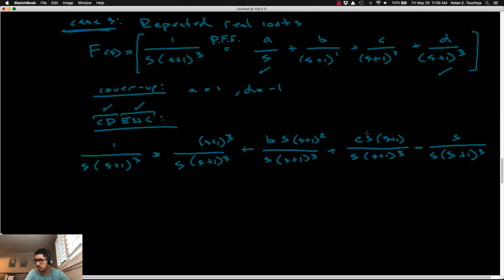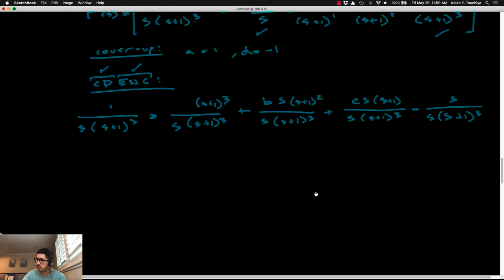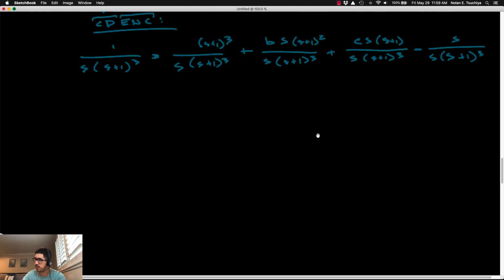Unfortunately, what it means is we need to actually expand all of the polynomials in the numerators to be able to equate the coefficients of the numerator polynomials. This is not fun. How many times have I said that in this lecture?